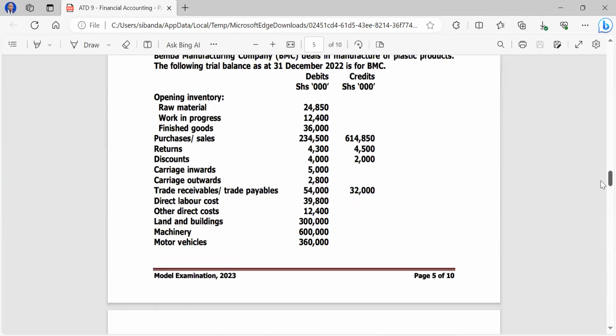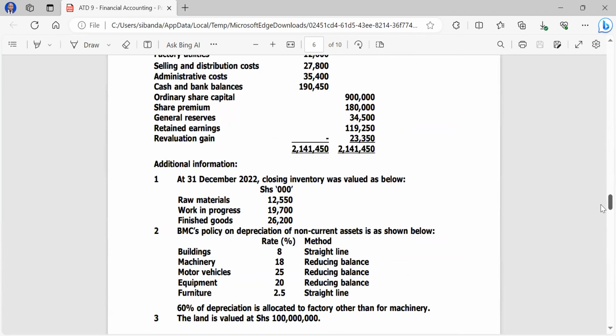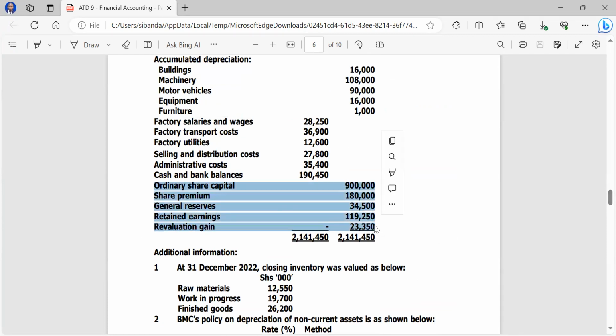Because once the examiner gives you, for example, they have given us this information, where is it? Okay, right here, where they have told us that ordinary share capital is 900,000, share premium is 180, general reserves is 34.